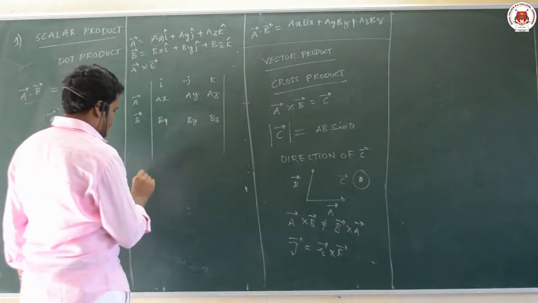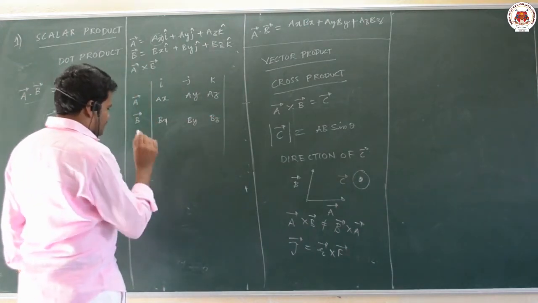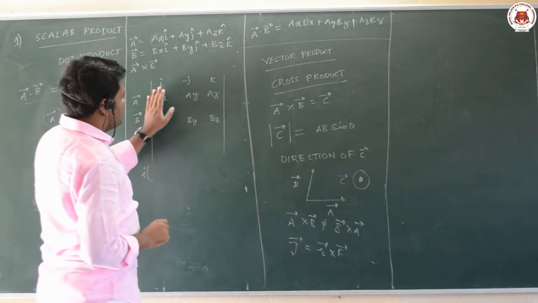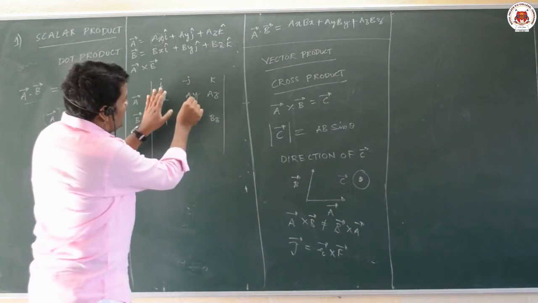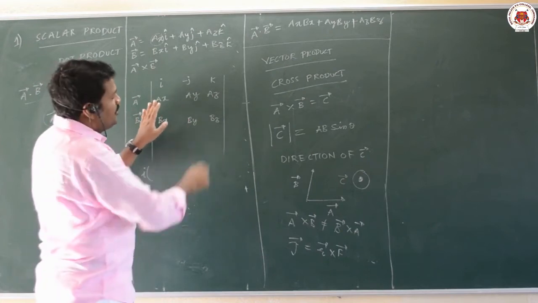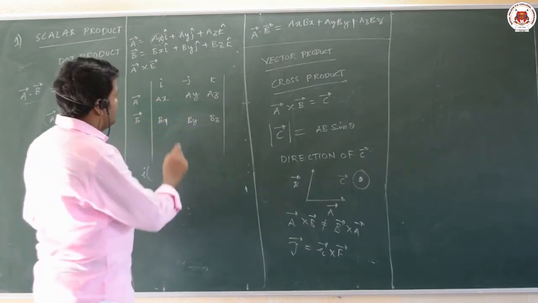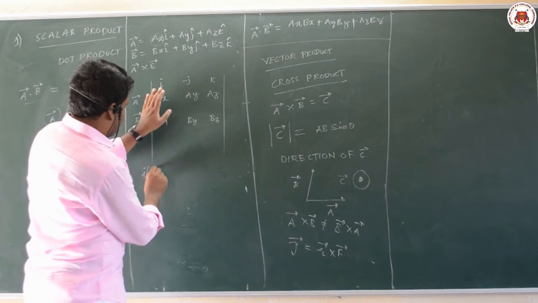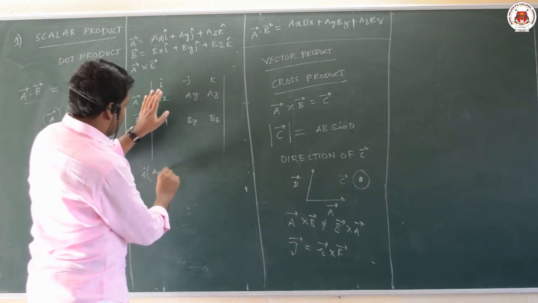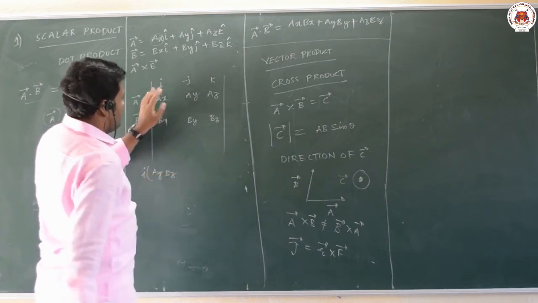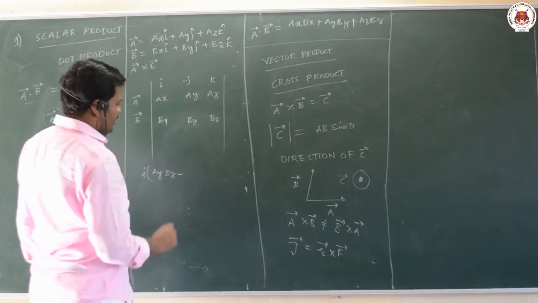Now how to solve this? First close i components and cross multiply, while you are coming down plus, going up minus. So close i components, ay into bz minus by into az.